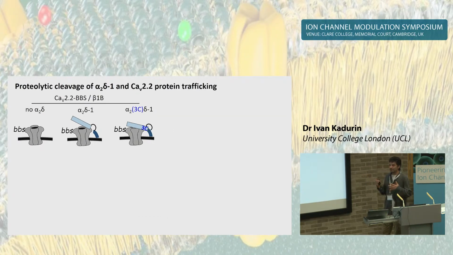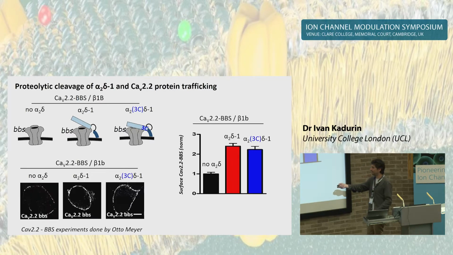Then to see whether this would affect the plasma membrane expression in any way, we used a bungarotoxin-tagged alpha-1 subunit, which had the BBS tag at the extracellular site, and we could label the surface channels in live cells with fluorescently labeled bungarotoxin. An example is shown here. These are cells labeled with CaV2.2, overexpressing the channel subunits in all these conditions.